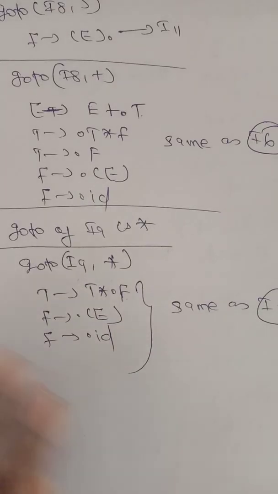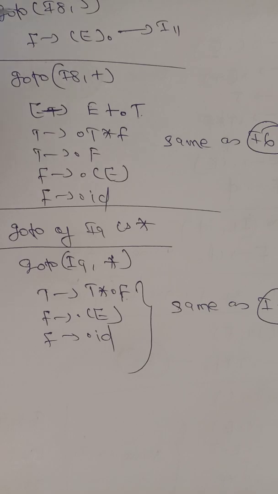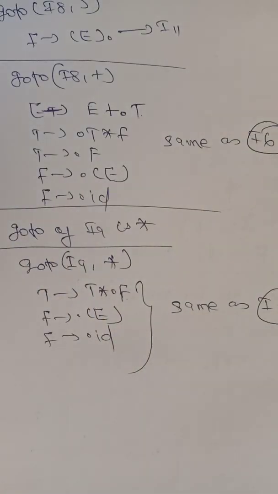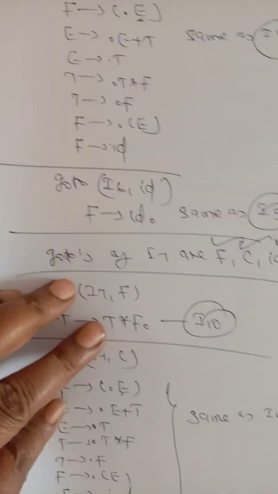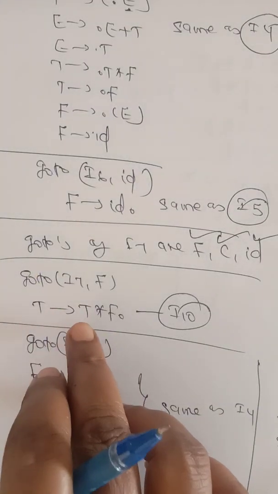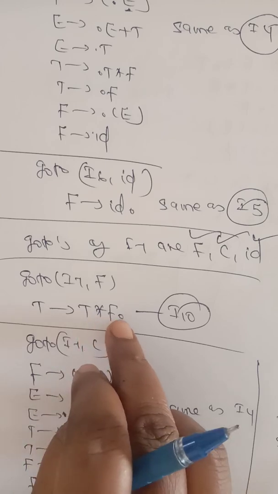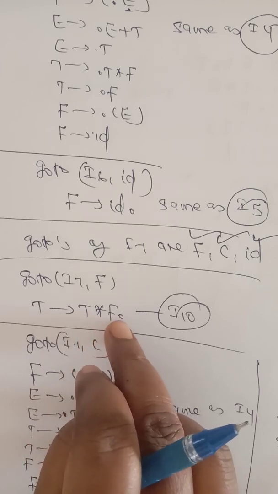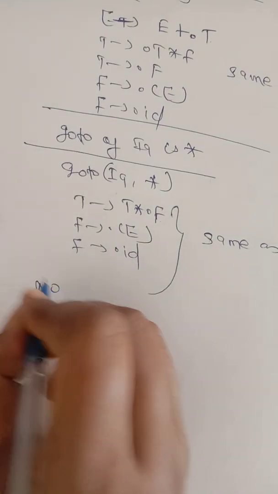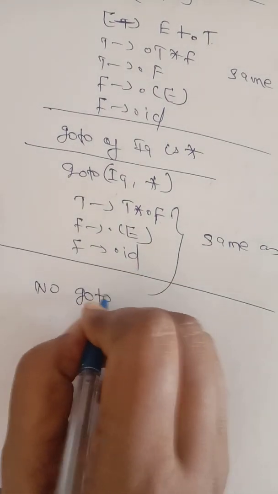Then come to I10. What is I10? Here I10 is T → T * F dot. After dot we are not having any value, so write no go tos.